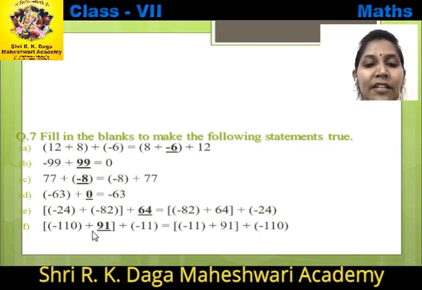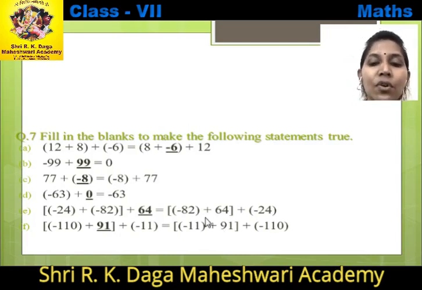Minus 110 plus dash plus minus 11 is equal to minus 11 plus 91 plus minus 110. Again associative property is used, so we will write the missing number only. Minus 11, minus 110, then the missing number is 91.